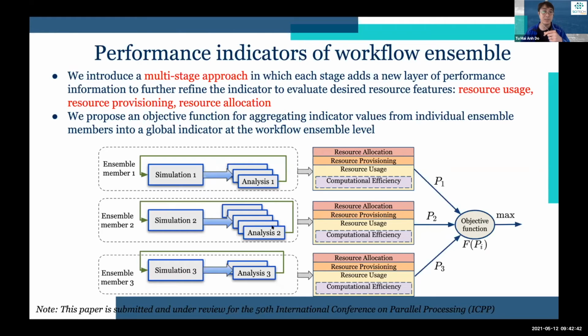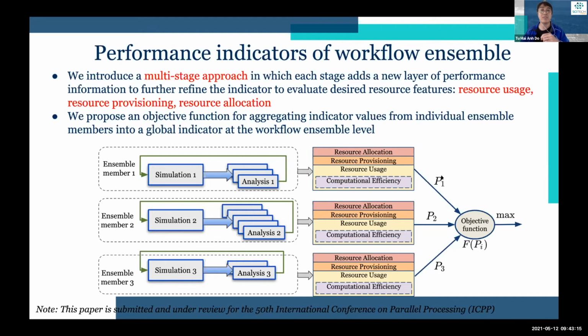As you can see in the diagram, based on the execution of each ensemble member, we compute the computational efficiency. After that, we extend this computational efficiency to the resource usage. Secondly, we add one more layer, the resource provisioning, on top of the resource usage to the performance indicator. And at the last stage, we add the resource allocation into this performance indicator.